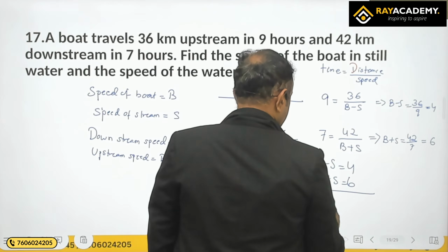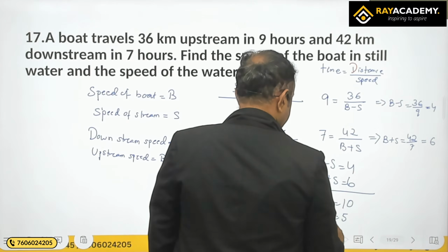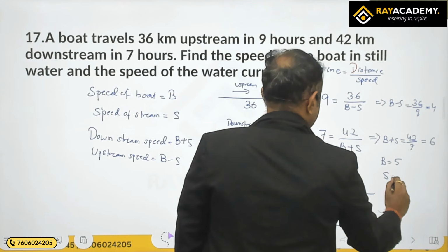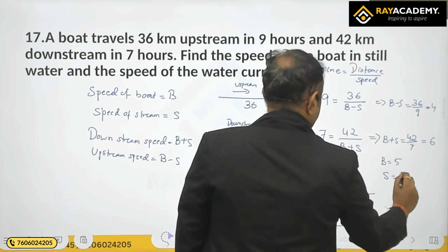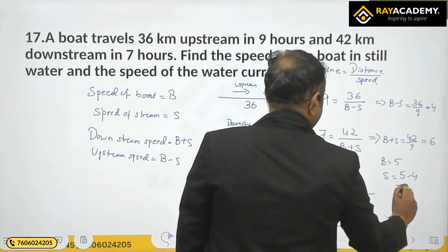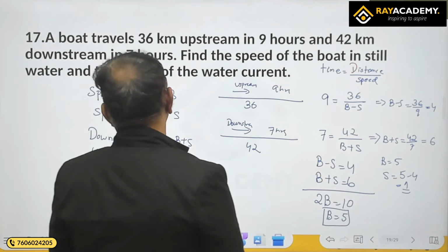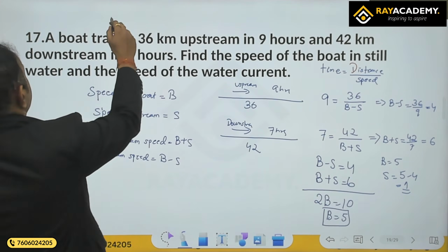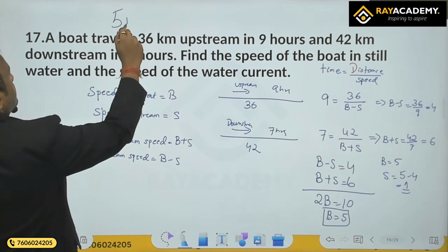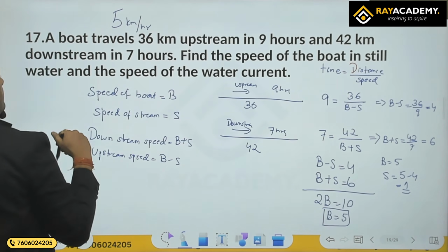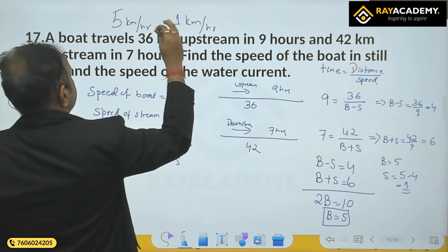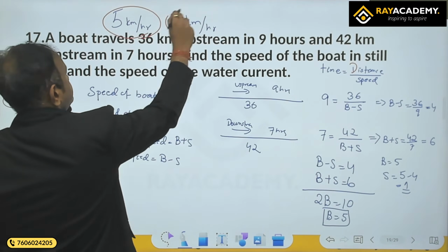If you add, 2B will be 10, so B will be equal to 5. If B is 5, S is 5 minus 4, that is 1. So the question asks: find the speed of the boat in still water. The first answer is 5 kilometers per hour, and the speed of the water current is 1 kilometer per hour. These are the two answers.